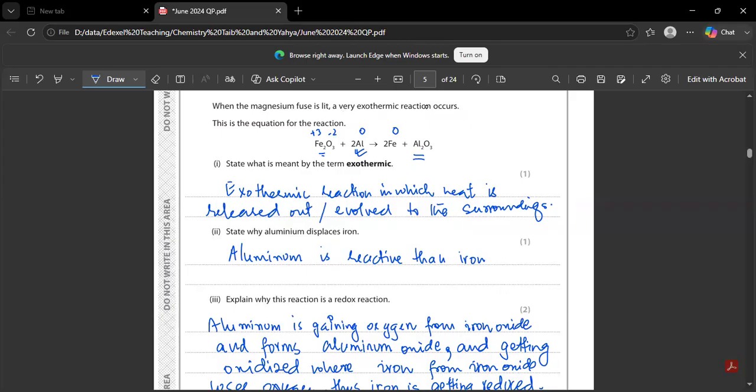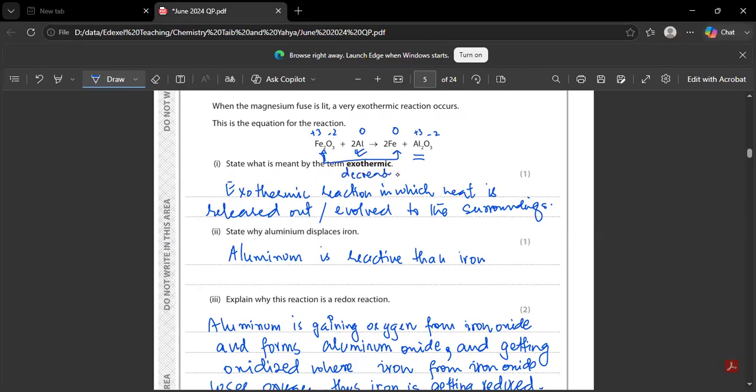In aluminium oxide, the charge of aluminium is +3 and oxygen is -2. Iron goes from +3 to 0, so there's a decrease of oxidation state. Aluminium goes from 0 to +3, an increase of oxidation state.